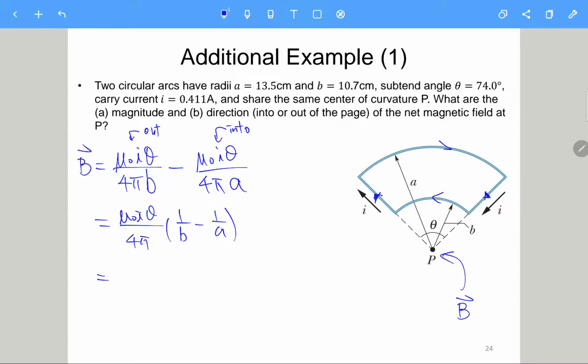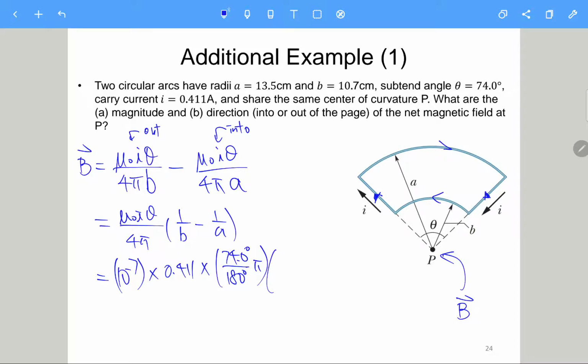So we can plug in all the values. Mu0 over 4 pi is 10 to the minus 7th power, times I, which is 0.411, and then times 74 degrees. We should convert it to radians, so it becomes 74 degrees over 180 degrees times pi.